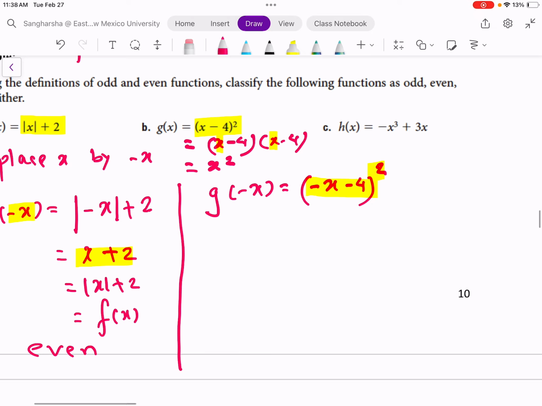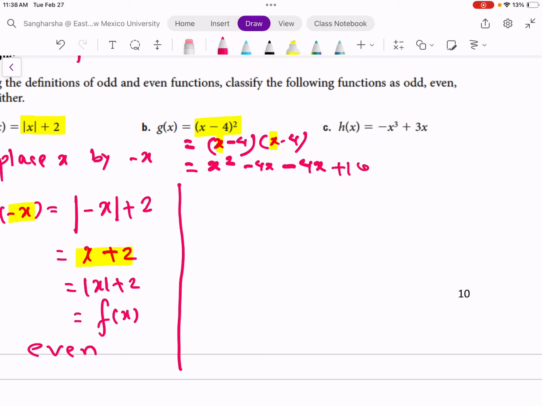Multiply the outside terms, x times negative 4, that is negative 4x. Next the inside terms, negative 4 times x, negative 4x, and negative 4 times negative 4, positive 16. We have x squared minus 8x plus 16. So this is our g of x.